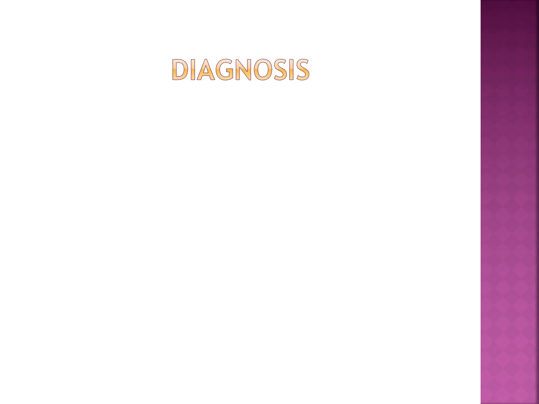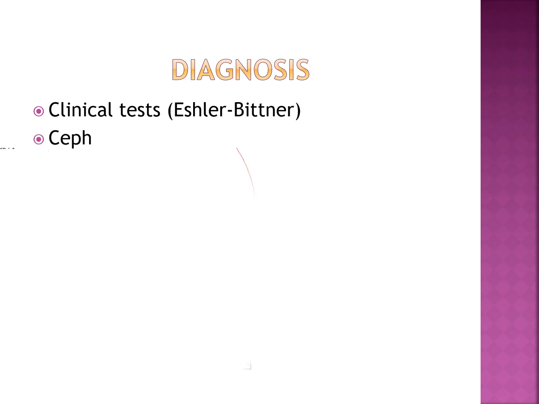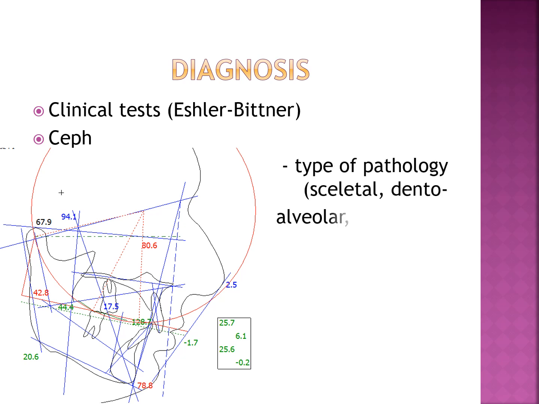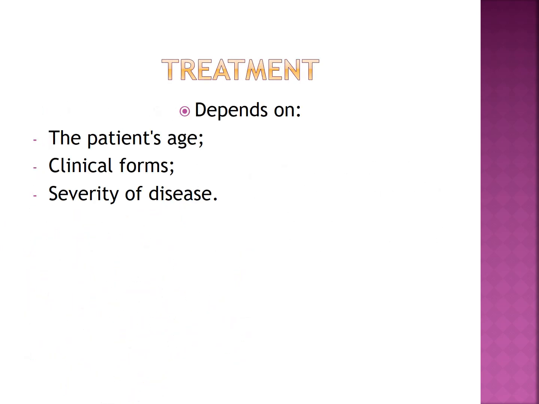Diagnosis, the same way. Clinical tests, Ashler-Bittner test and cephalometric analysis to define type of pathology. This pathology can be skeletal, dental-alveolar and combined, and degree of pathology or severe pathology. And treatment we will conduct in the same scheme.